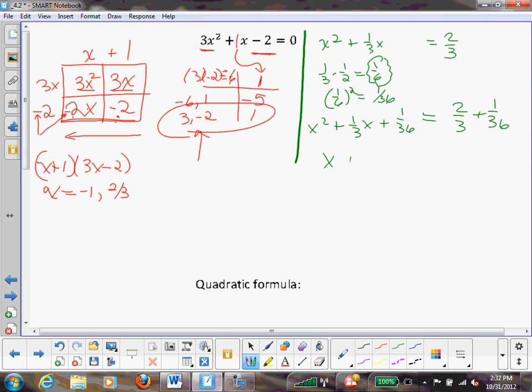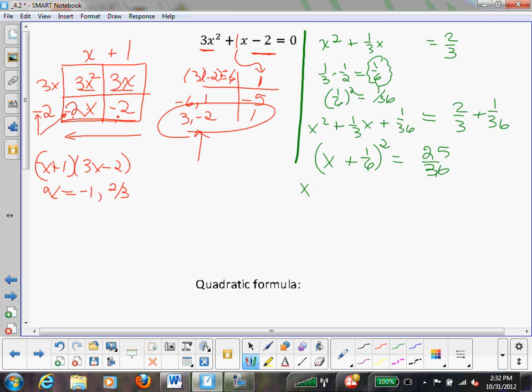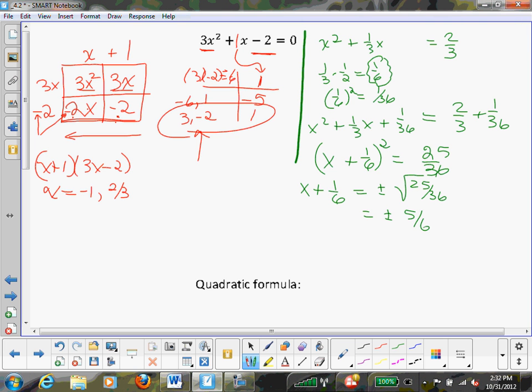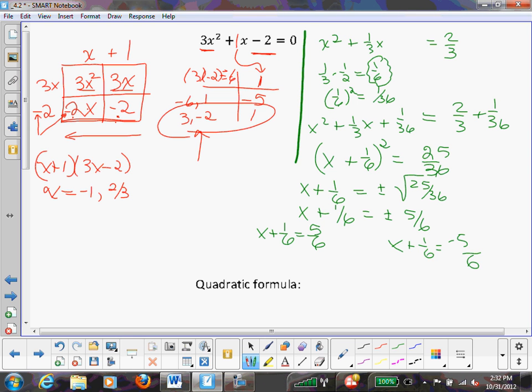And so I get x plus 1/6 squared is equal to 25/36. Take the square root, and I get plus and minus 5/6 is equal to x plus 1/6. So x plus 1/6 is equal to 5/6, and x plus 1/6 equals negative 5/6.